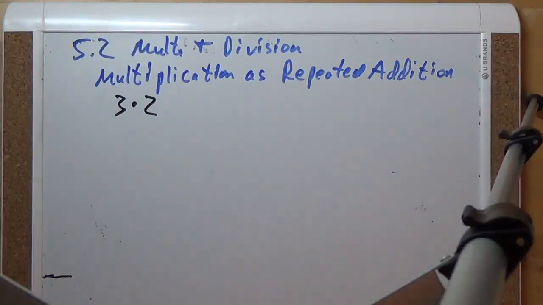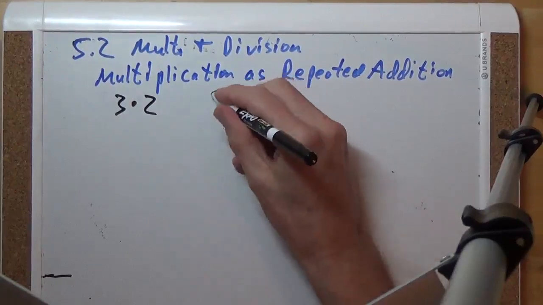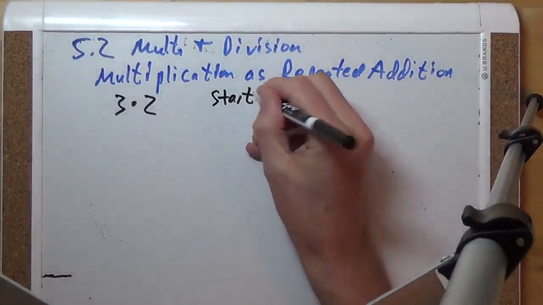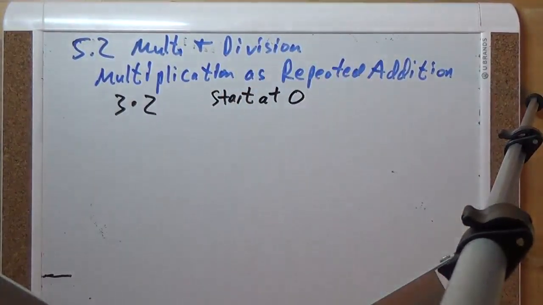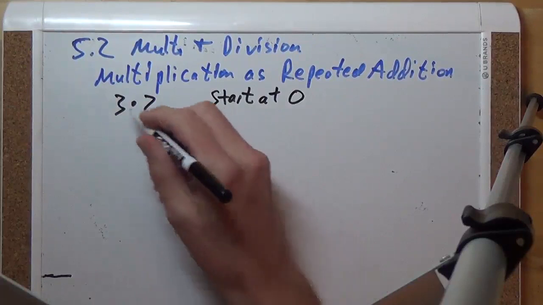Okay, I'm going to do section 5.2. I'll look at multiplication as repeated addition first. So we'll look at 3 times 2. And a big key here is start at 0. With the chip model, I'm going to do 3 groups of 2.